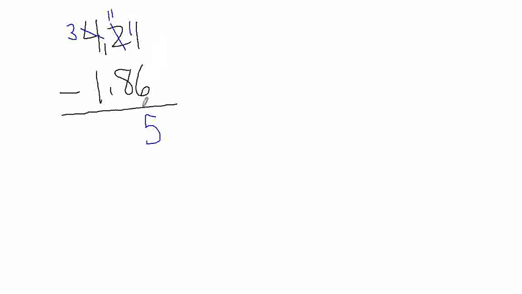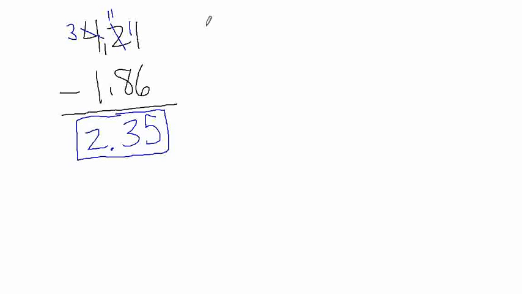Now if I subtract 8 from 11, I get 3. And then if I subtract 1 from 3, with respect to the leftmost column, I get 2. So the answer is 2.35. All right, so let me explain why this method works.